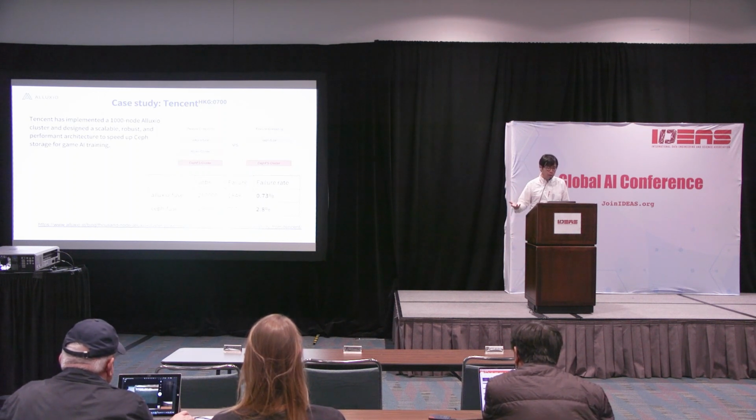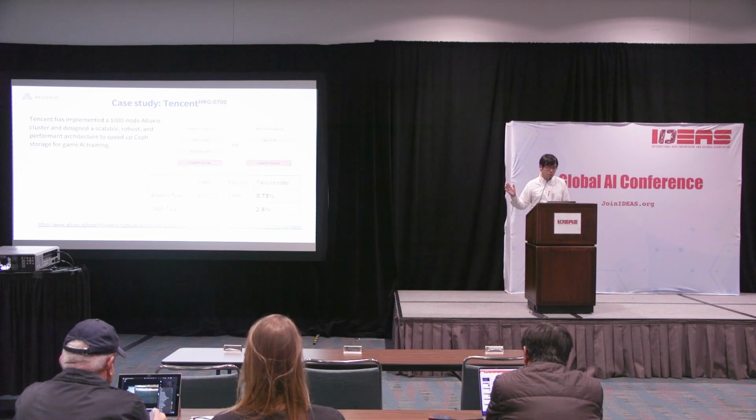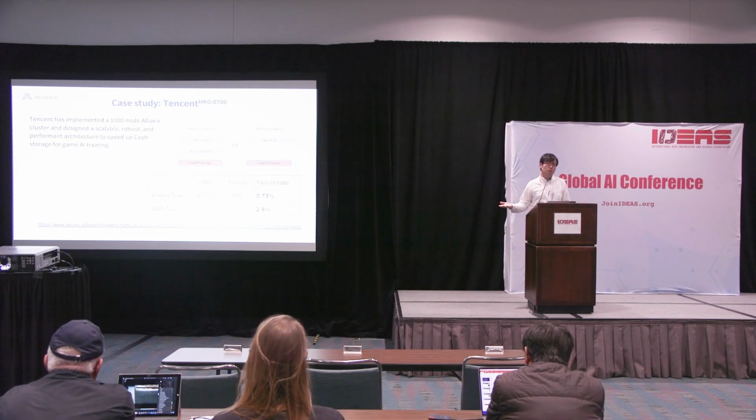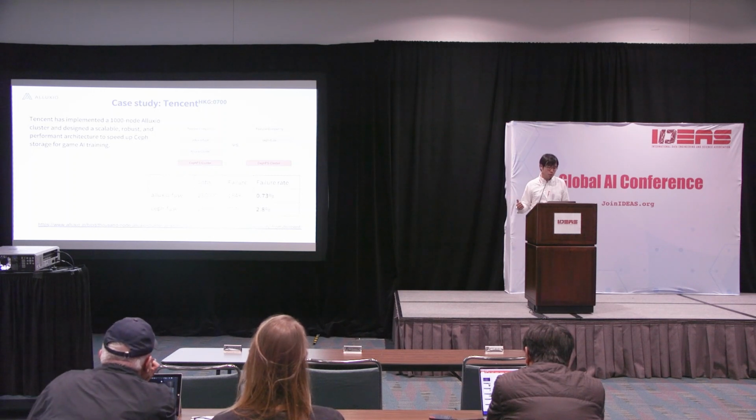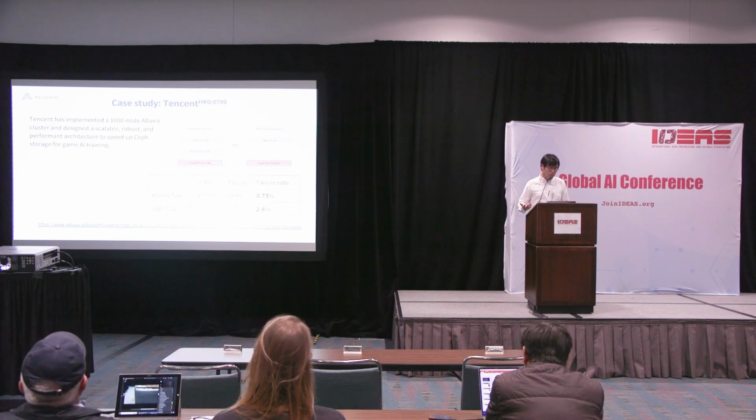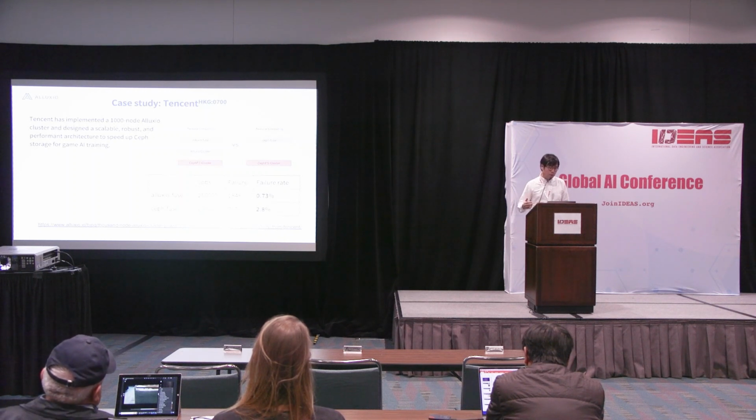It's about the failure ratio. If you have too many concurrent accesses to Ceph, Ceph will be too busy to serve their training workloads. And as you can see here, 2.8% of jobs fail in their run using Ceph. But switching to Alluxio, they see this going down to 0.73% to speed up their training workloads.